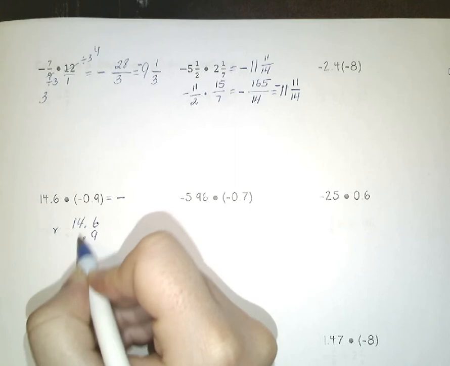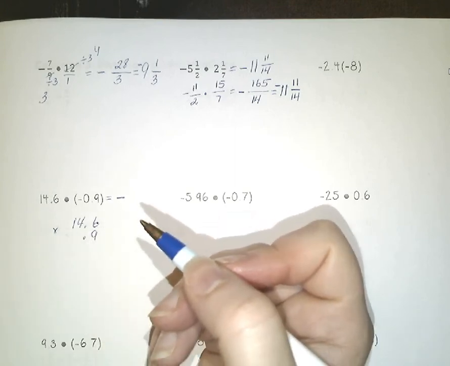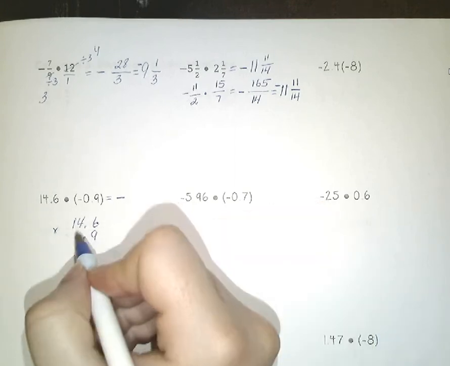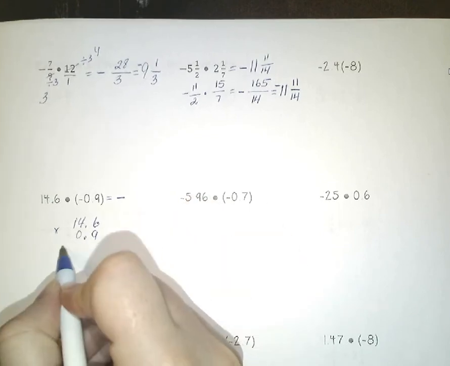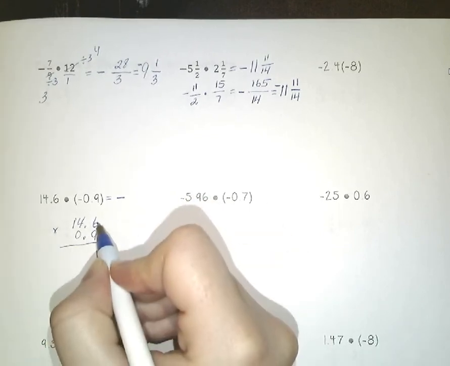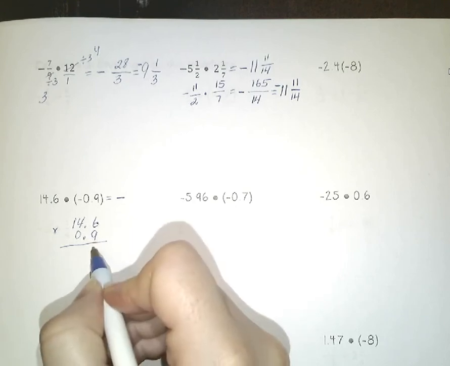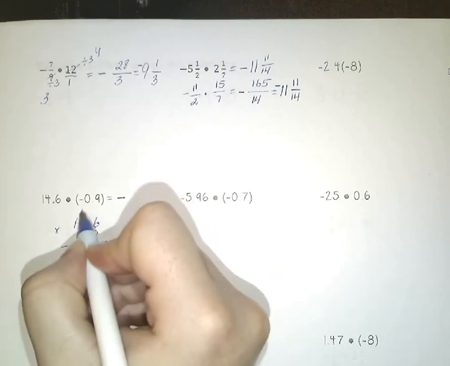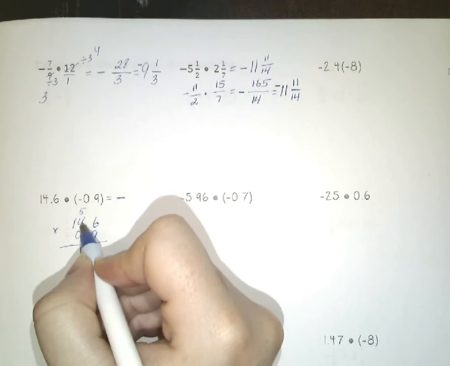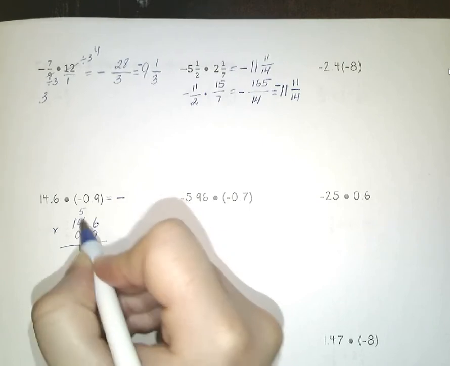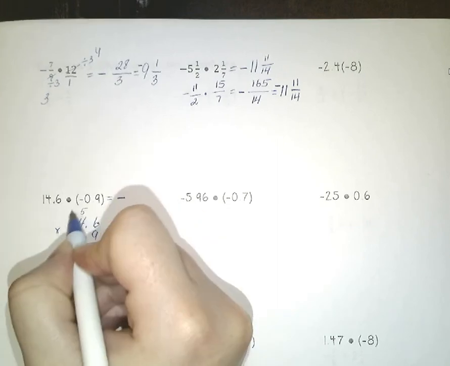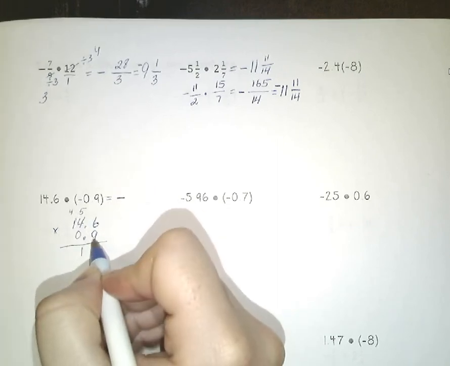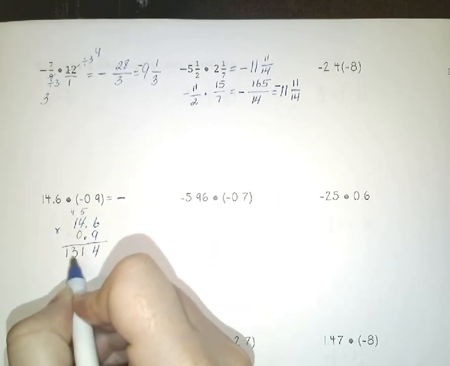I don't even have to write the 0 because when I multiply by 0, all my answers are going to be 0 in there. I can write it, it's not gonna make any difference. So 6 times 9 is 54. We'll do it just like regular multiplication. 4 times 9 is 36 plus 5 is 41. And 1 times 9 is 9 plus 4 is 13.